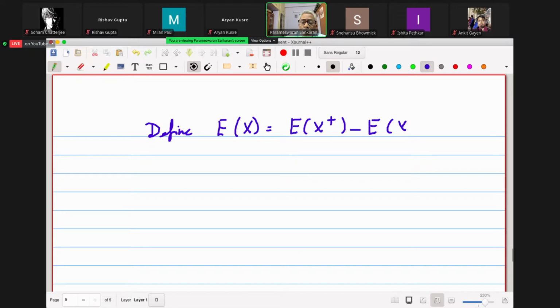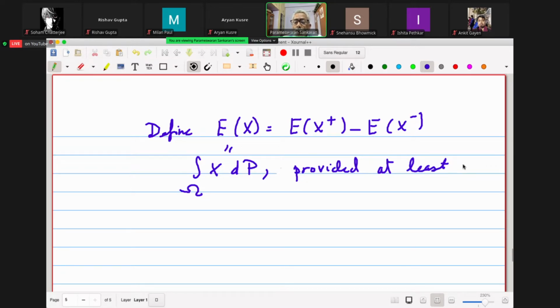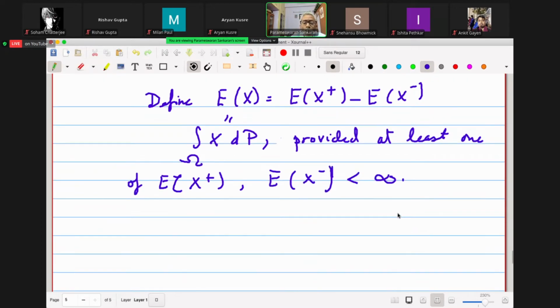This is also the integration over omega of x dp, provided at least one of them, x plus or x minus, is finite. If both are infinite, it cannot be made sense of.